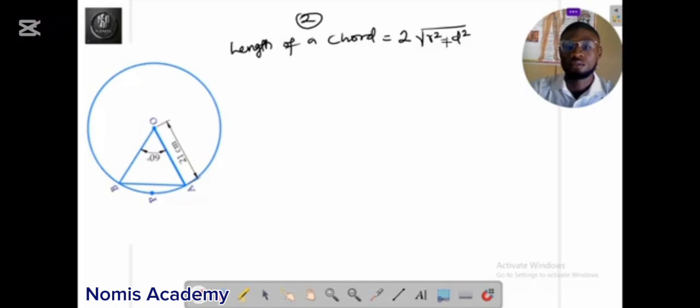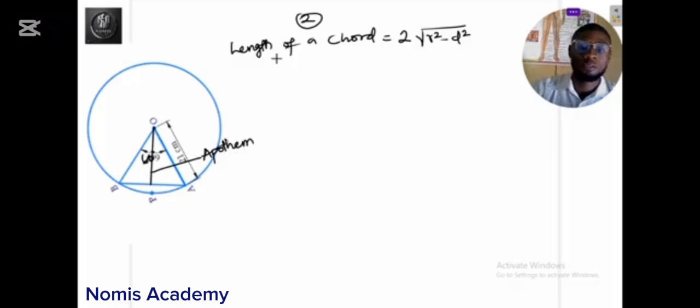We all know what the length of a chord is. r is the radius. d is the apothem. I have not taught you apothem. Apothem is the distance from the center of the circle to the chord. So that's the length of the apothem.